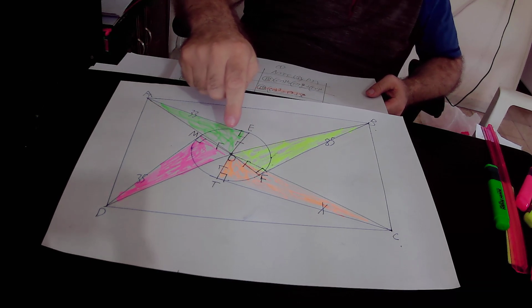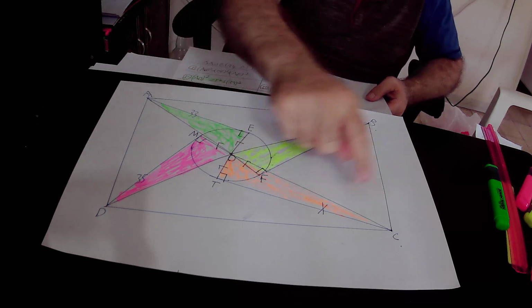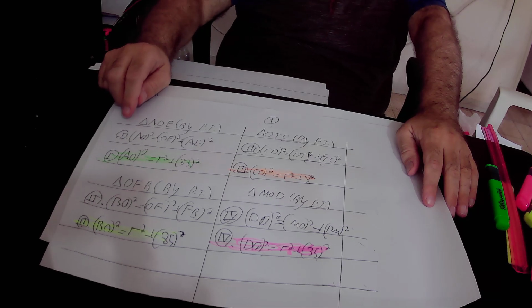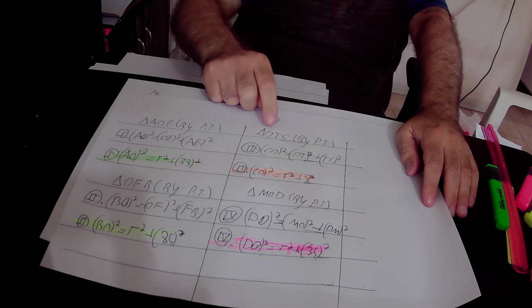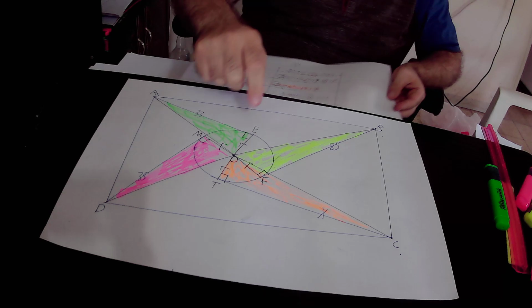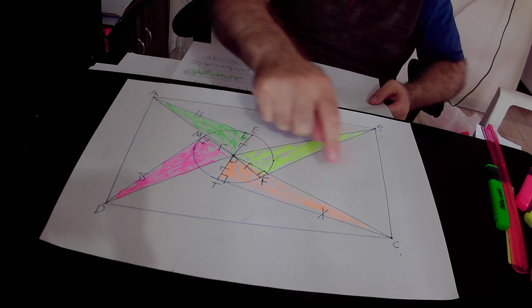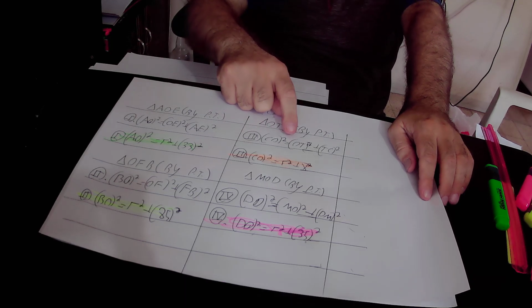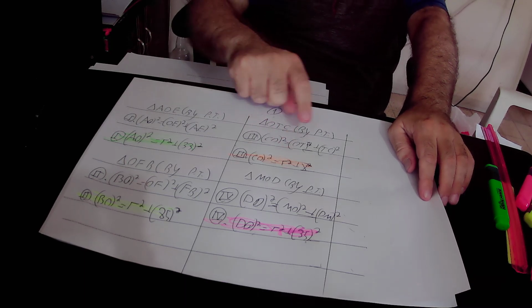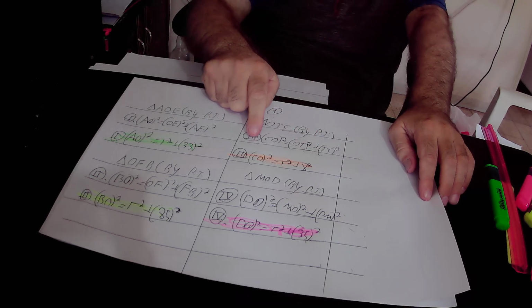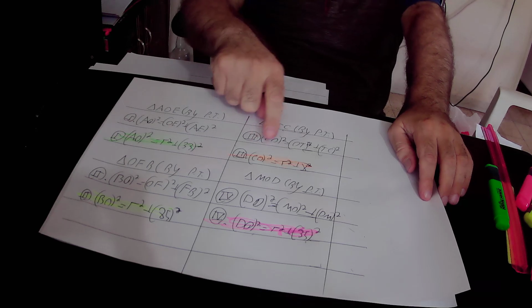According to the Pythagoras theorem, in the orange right triangle OTC, CO square equals OT square plus TC square. OT is R, so OT square is R square. TC is X, so TC square is X square. So in conclusion, according to equation number 3, CO square equals R square plus X square.